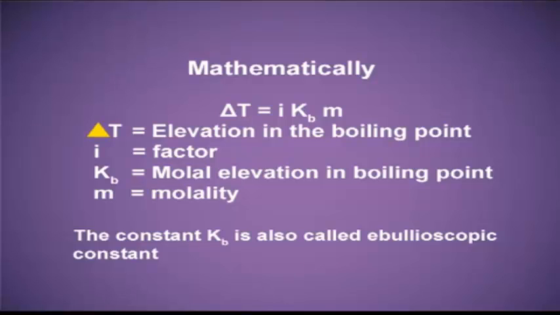Kb is the molar elevation boiling point constant. It is also known as the ebullioscopic constant. Its unit is Kelvin kg per mole. And m is molality. Molality, you know, is the number of the solute particles in 1 kg of solvent.